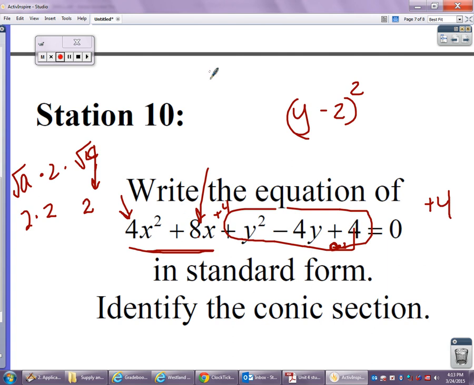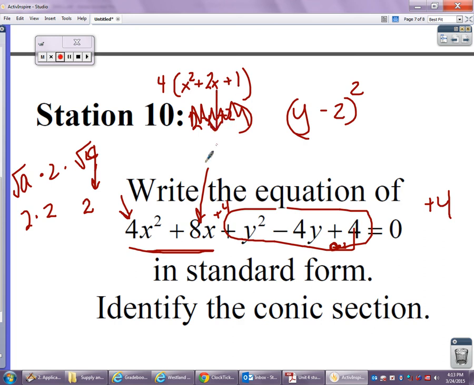So this factors into 2x plus 2. Actually, before I do that, since there's a 4, an 8, and a 4, I'm going to factor out a 4. And I'm left inside with x squared plus 2x and 4 divided by 4 plus 1.